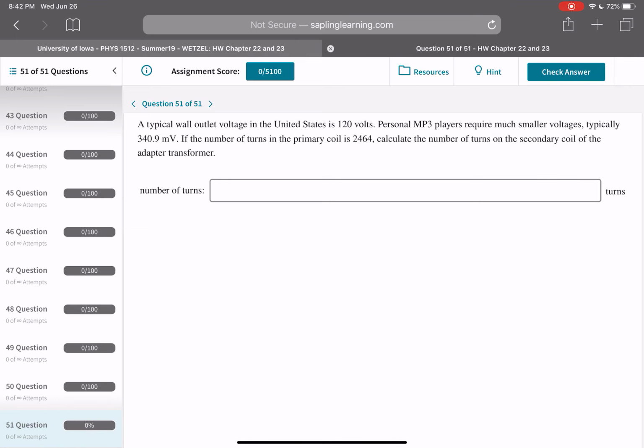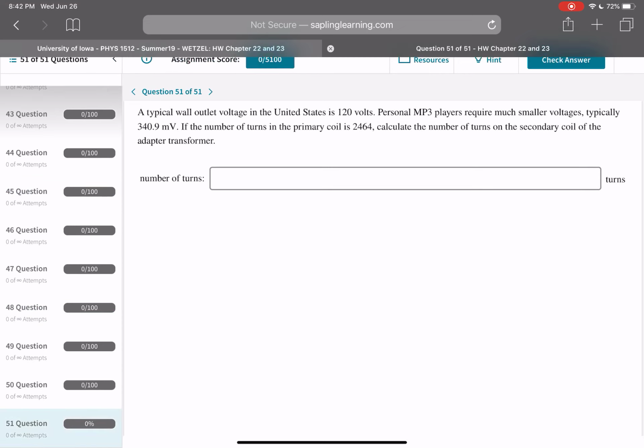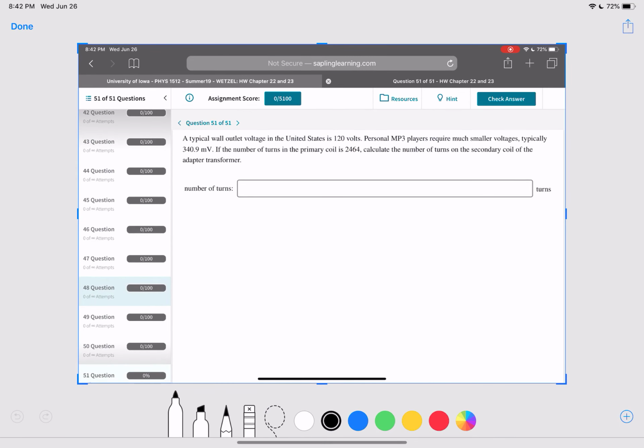So you put V1 over V2 equals the primary over secondary, the relationship between the two, and just solve for N, the number of turns on your secondary coil, in order to step that down.